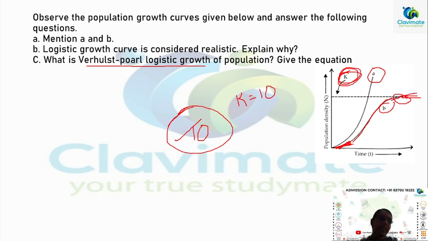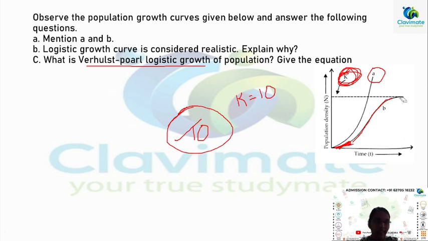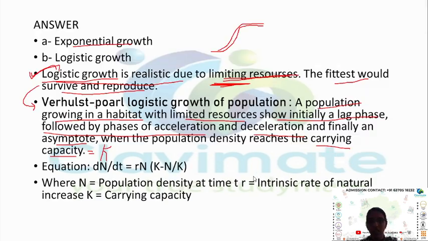Then a stable point when it reaches the K. The capacity of the population is K, and when it reaches the K, it stops. That's what the Verhulst-Pearl logistic growth of population states.